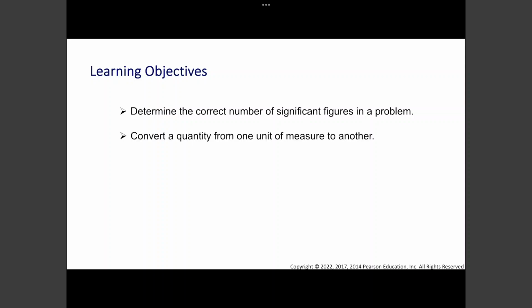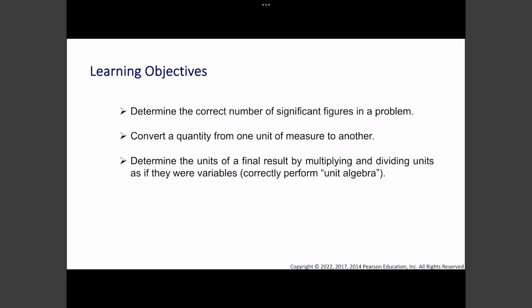First, I would like to introduce the learning objectives for this chapter. At the end of this lecture, you will know how to determine the correct number of significant figures in a problem, convert a quantity from one unit of measure to another, for example, millimeters to meters or grams to kilograms, and correctly perform unit algebra.